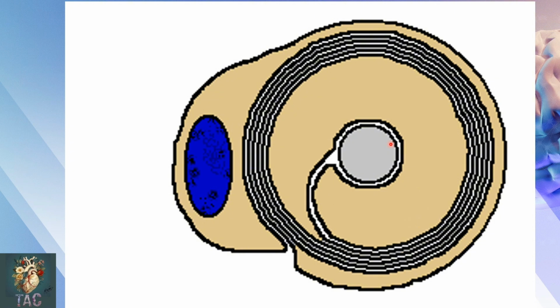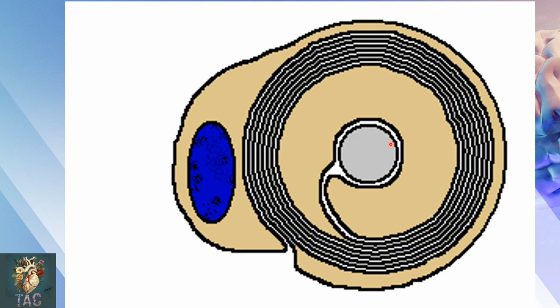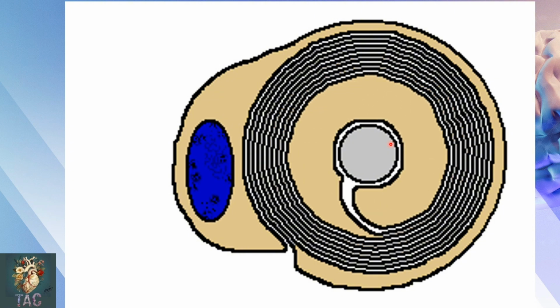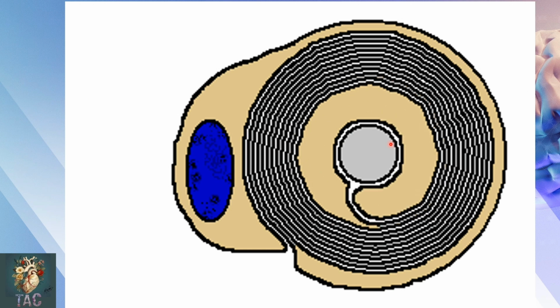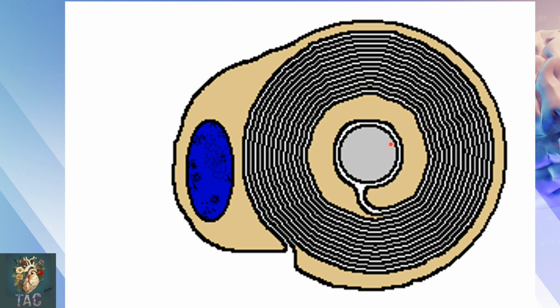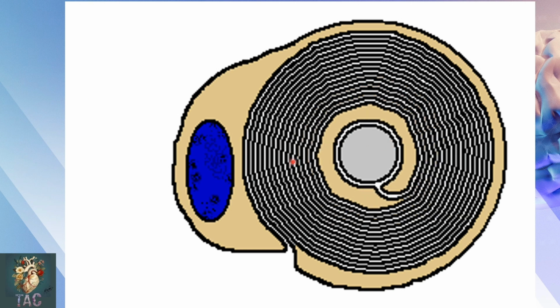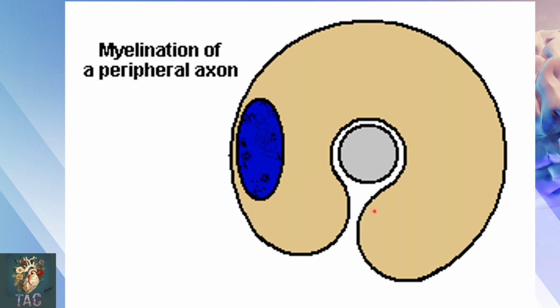Now the process of wrapping continues. You can see in this diagram, and cytoplasm is extruded out. So cytoplasm which is present initially was the inner collar of the cytoplasm, and cytoplasm which remains outside will form the outer collar of the cytoplasm.